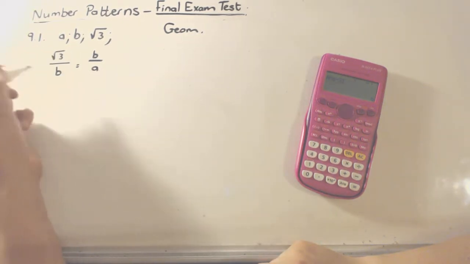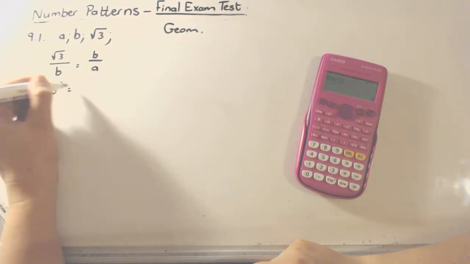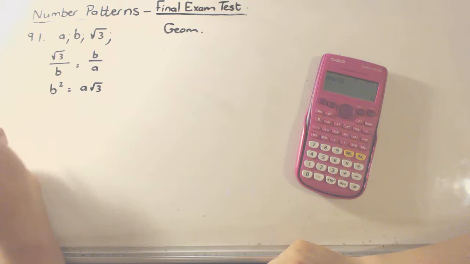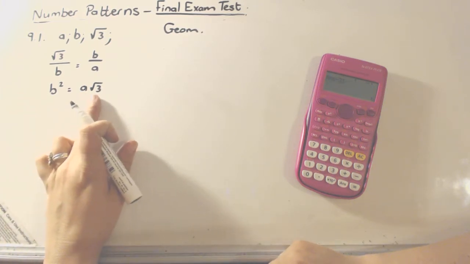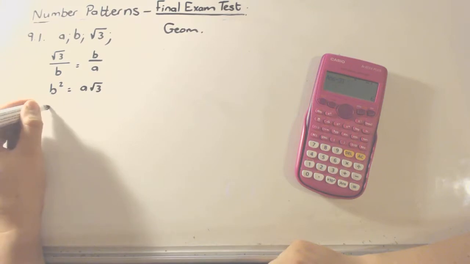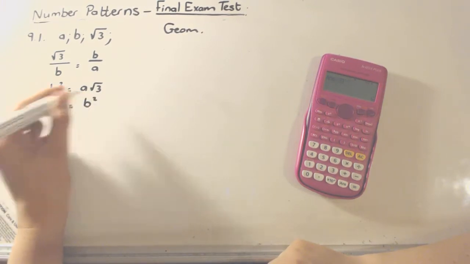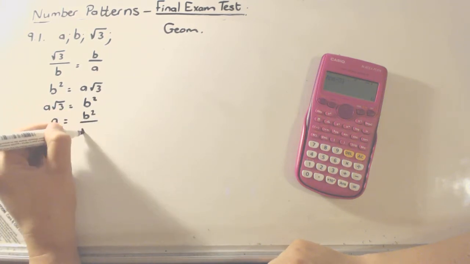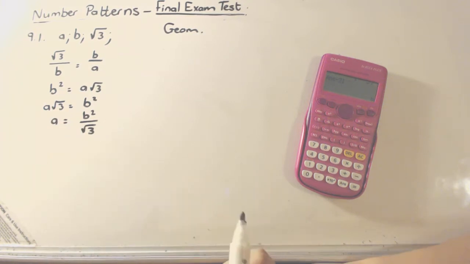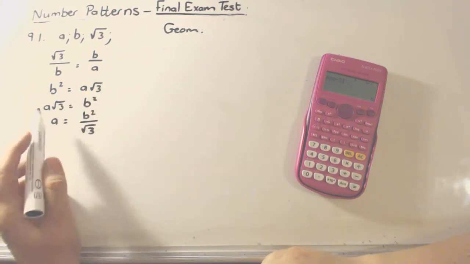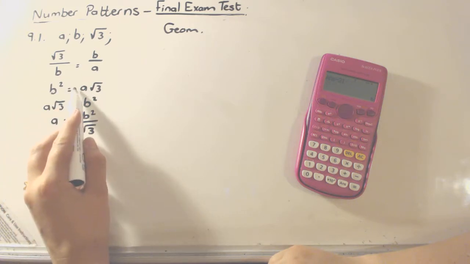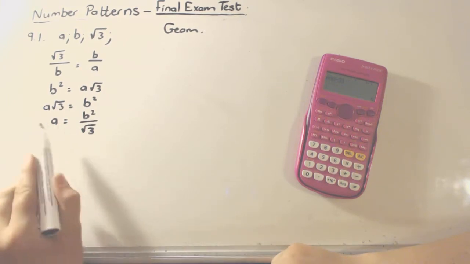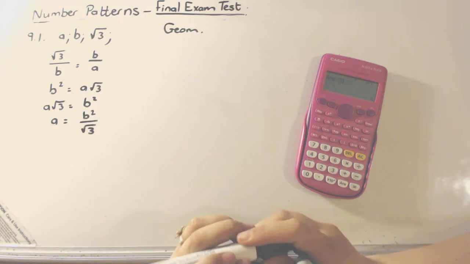And then if I cross multiply, I've got b squared is equal to a root 3. I'd rather get a alone, so I'm just going to swap them. a root 3 is equal to b squared. Then that means a in terms of b is b squared over root 3. You can get b alone also by just taking the square root, but then you have a square root over a square root, and that's just weird. So that's the relationship between a and b for 2 marks.